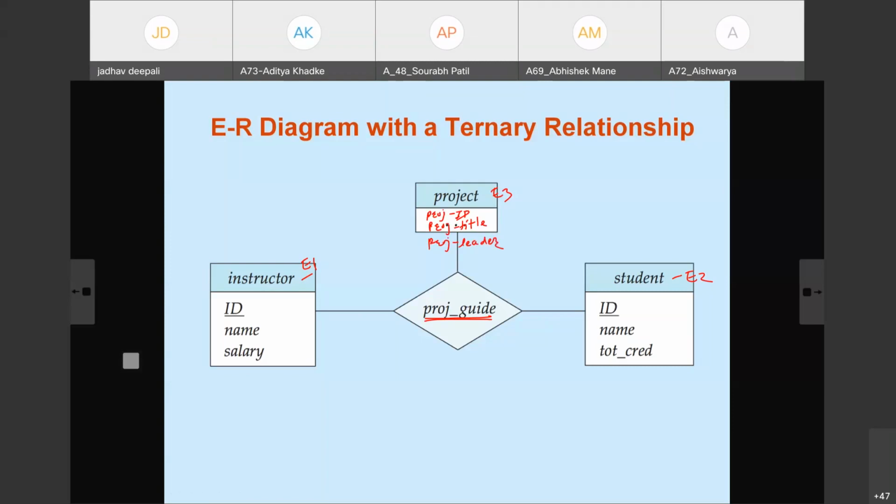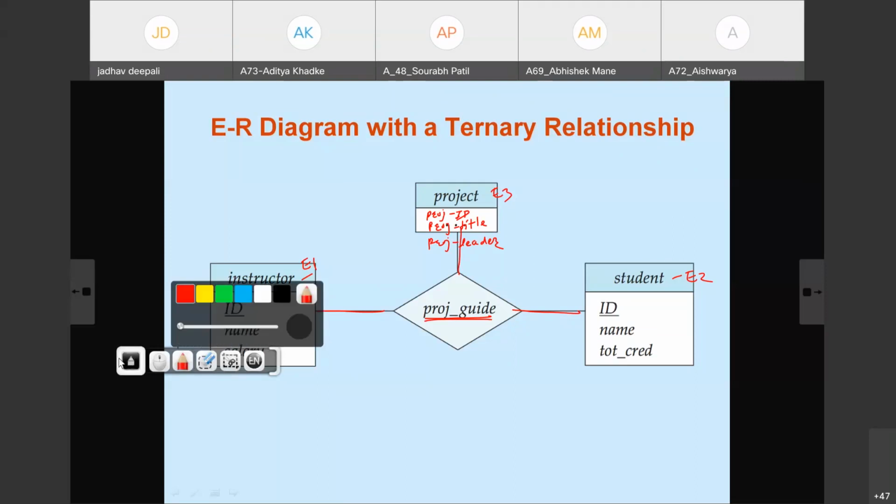And project guide is a ternary relation between these three entity sets, and it is represented in this way. The link is between the entity sets and the relationship set. So in this way, we represent a ternary relationship set in the ER diagram.